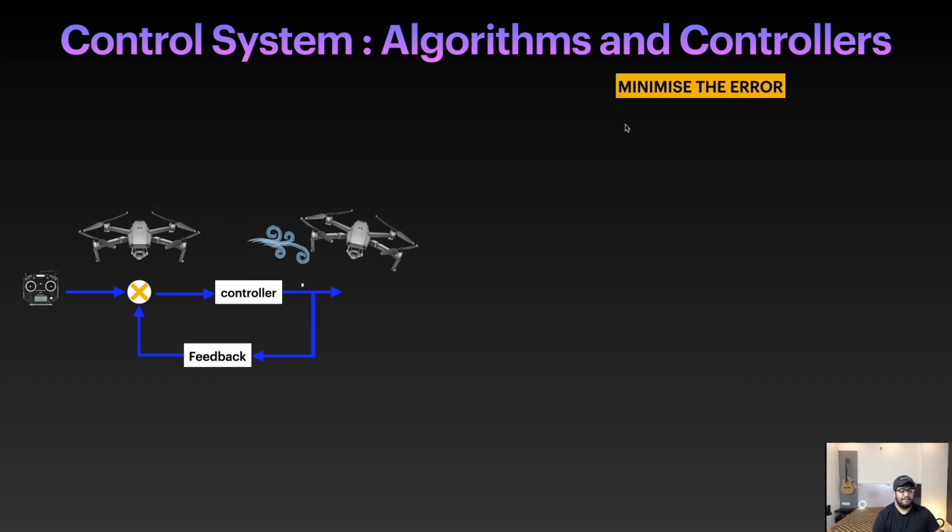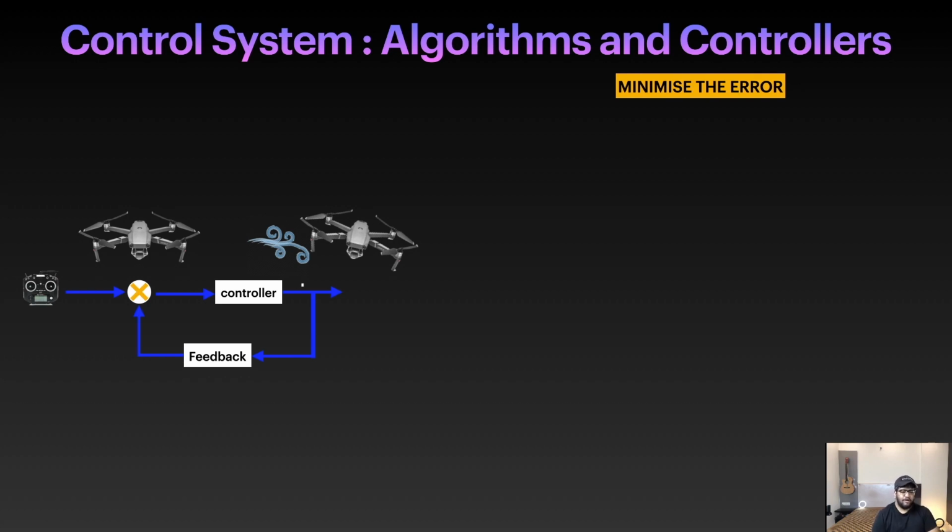And to minimize this error, the flight controller implements different algorithms and controllers, and these are part of the entire control system. These are nothing but a set of instructions or programming which implement mathematical formulas and algorithms.